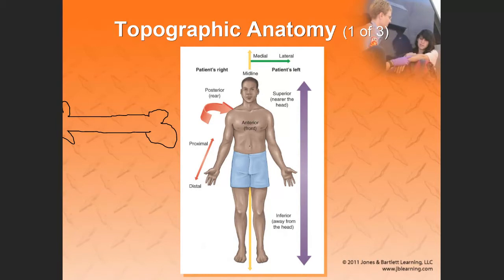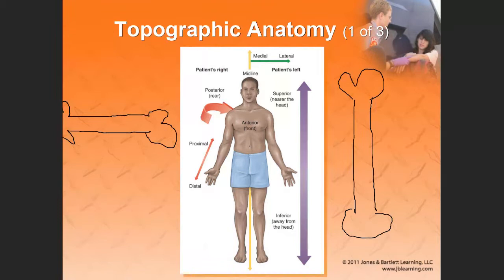Let me draw another bone over here. So every long bone in the body has a distal end and a proximal end, right? Every long bone in the body. And the mid region of that bone is referred to as the shaft of the bone.